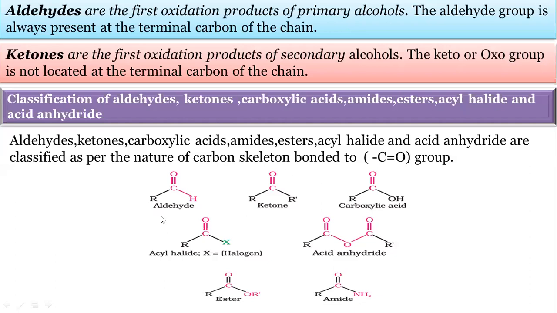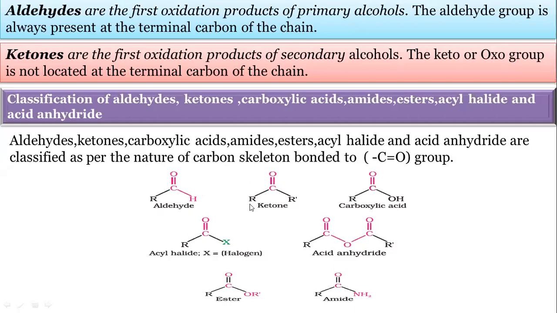This is an aldehyde, in which the carbonyl carbon is attached to the R group and H. The functional group of an aldehyde is CHO. I will explain the difference between aldehydes and ketones. The main difference is that in aldehydes the carbonyl carbon is attached to one hydrogen, and in ketones there is only the C=O group.